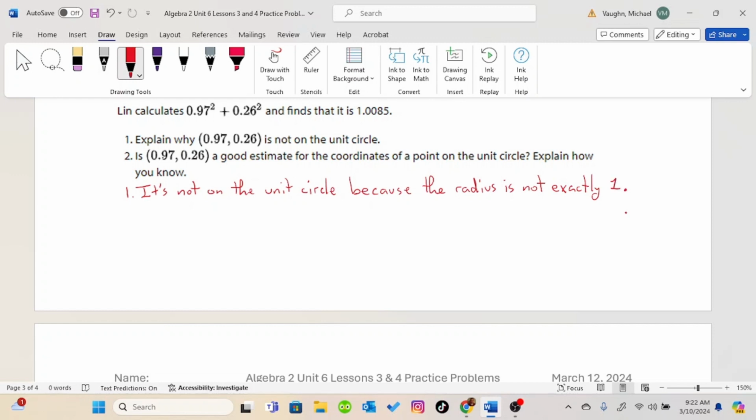The definition of a unit circle is that it has a radius of exactly 1.